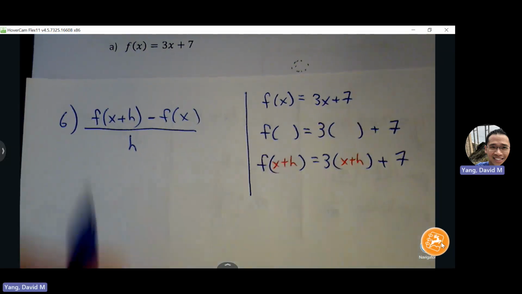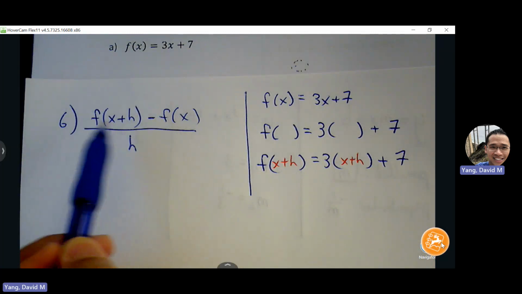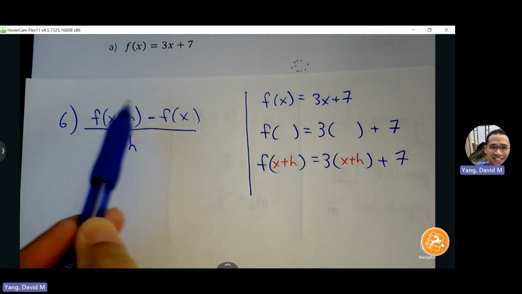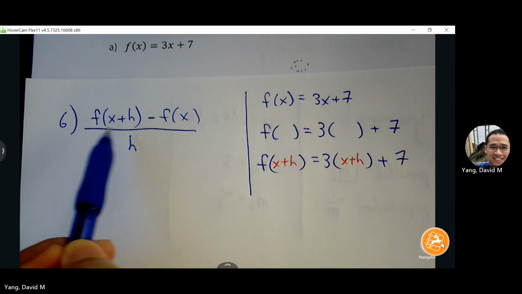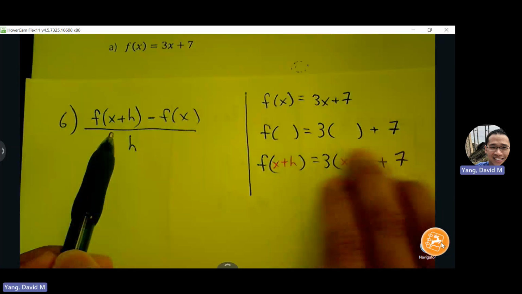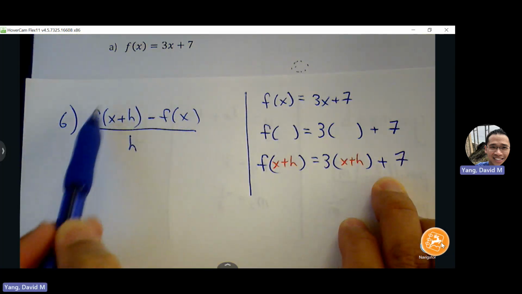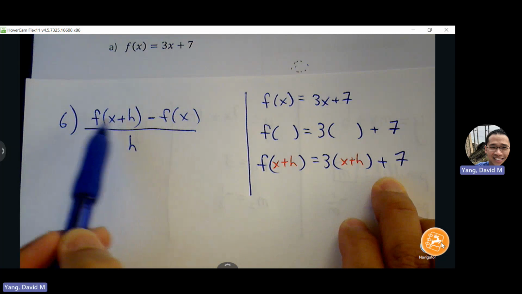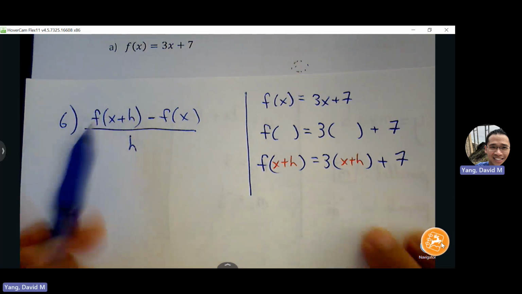All right, so now what's my substitution that I can replace with f of x plus h? 3 times x plus h, plus 7. Yeah, so now I'm going to take this right side and replace it for this expression.